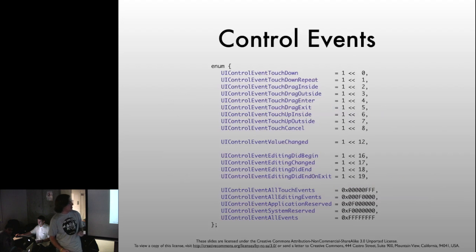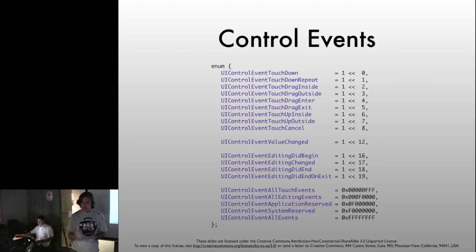The reason we're able to do that is these are all the different control events that are available on iOS. So there's touch down, which is when the touch came down. There's touch down repeat for multiple taps in succession. There's drag inside, drag outside, drag enter, drag exit, touch up inside and touch up outside. Touch up inside is when the user touches down in a control and then lets go back up inside that same control.